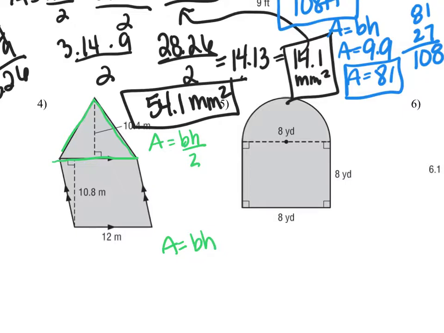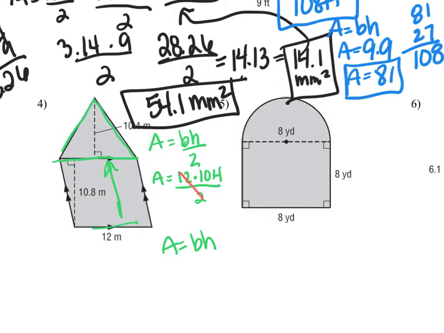So on my triangle, let's solve it. What's my base? If this is 12, then this is 12, right? So it's 12 times my height of 10.4 divided by 2. I'm going to take the simple road. You don't have to. You could multiply it and then divide by 2. But I'm taking the simple road.